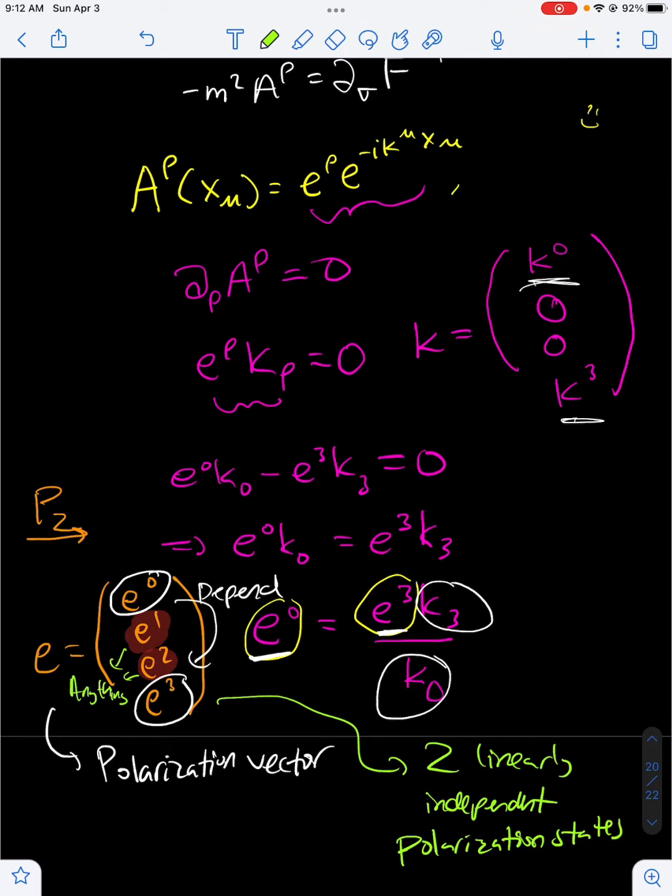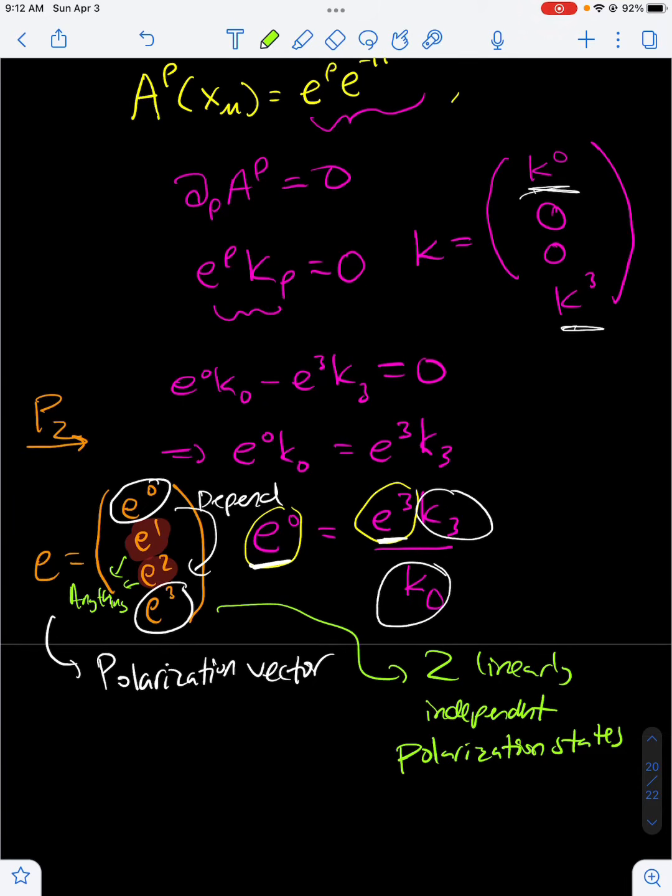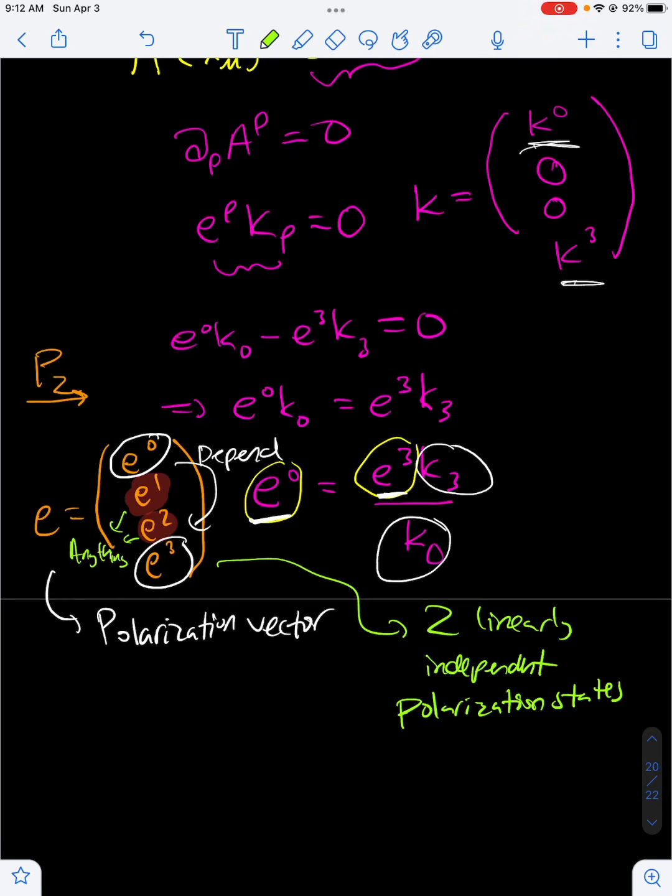Now here's where I start to quarrel with some of the modern conventions in quantum field theory. You will hear people say a lot that the polarization vector has 3 linearly independent components, right?